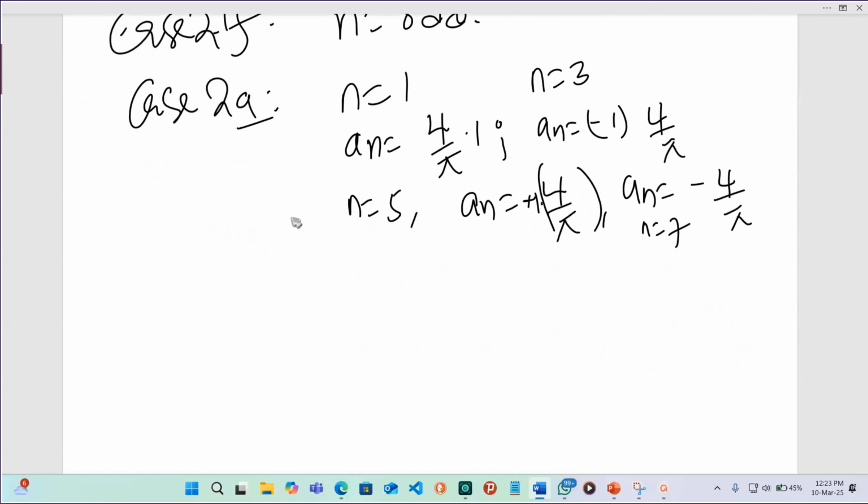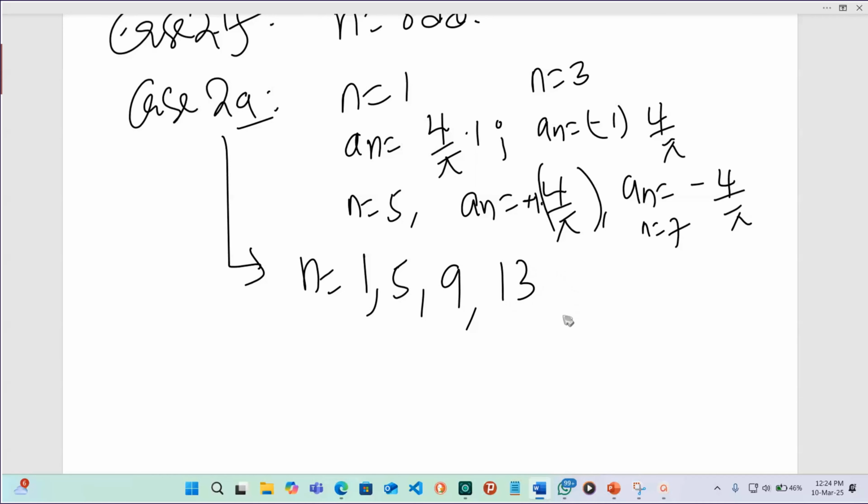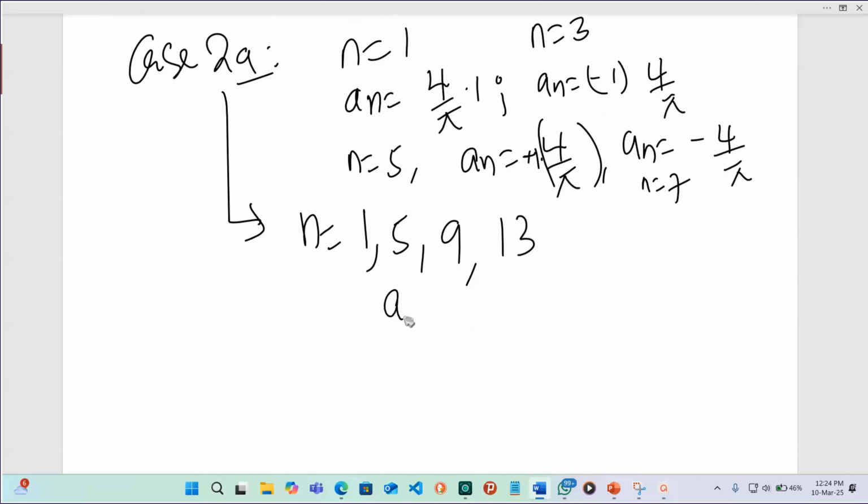So you realize case A, for n equal to 1, 5, and the next one would be 9, and the next one 13, a_n is equal to 4 over nπ when it is positive.